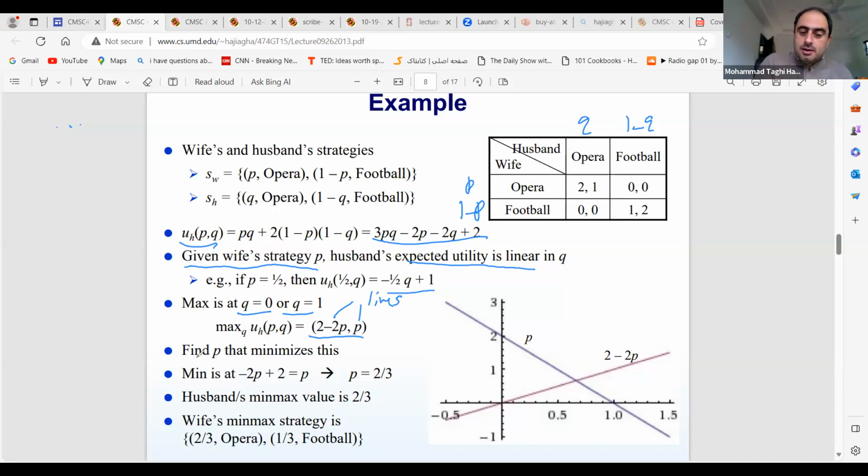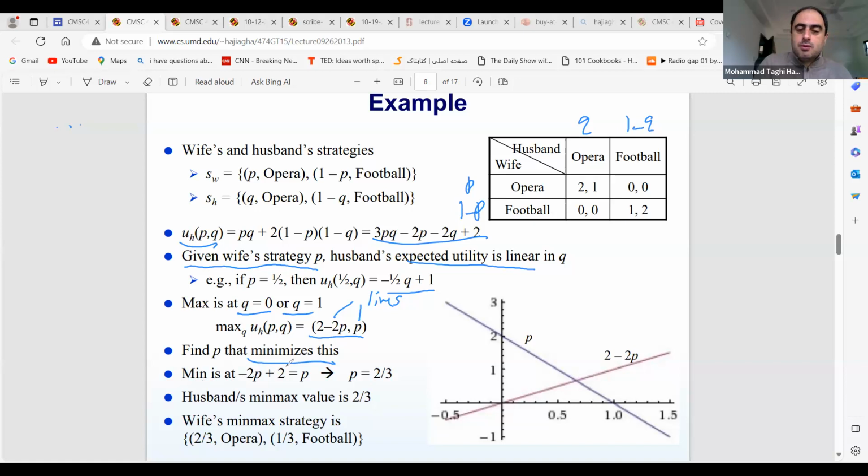Here you want to find the P that minimizes this, because we are talking about the minimax. Again, we are putting equality. As I mentioned, when you put the equality, sometimes it finds max, sometimes it finds min. You should always check by drawing it, by hand or with some software, to see what will happen. That would be an easy way to do that.